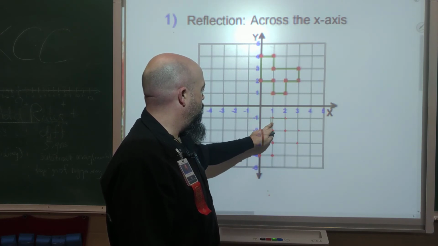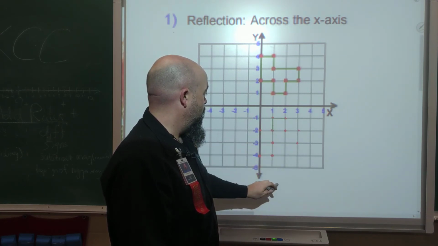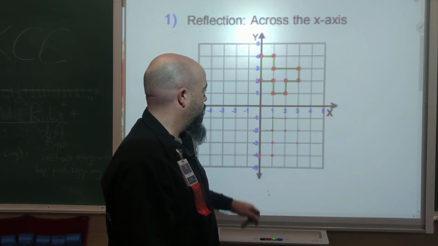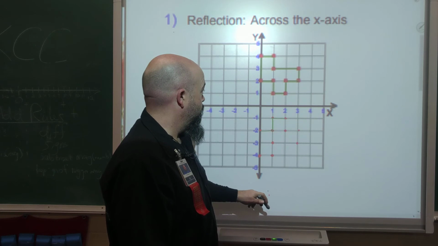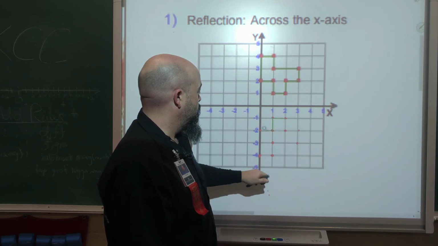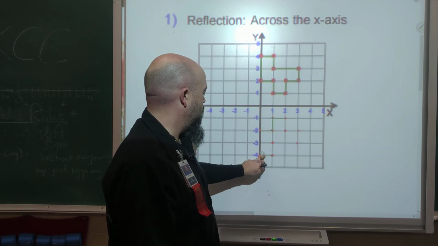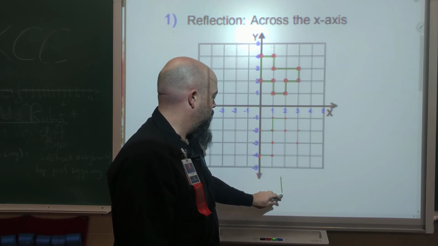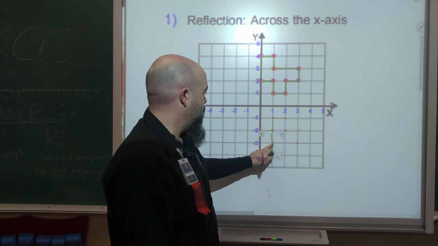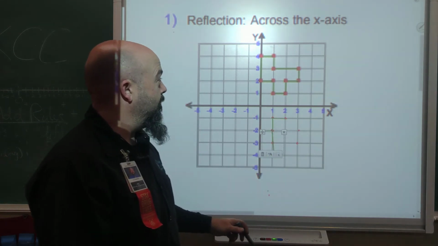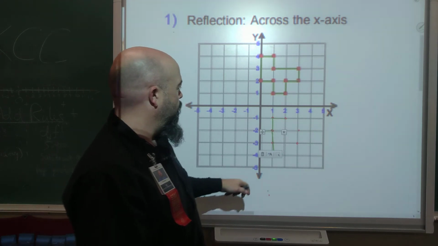We have that point that connects. We have this point that connects. Keep moving along here. Another one that connects. Another one that connects, hopefully. This is not ideal, but it's going to work hopefully for us.